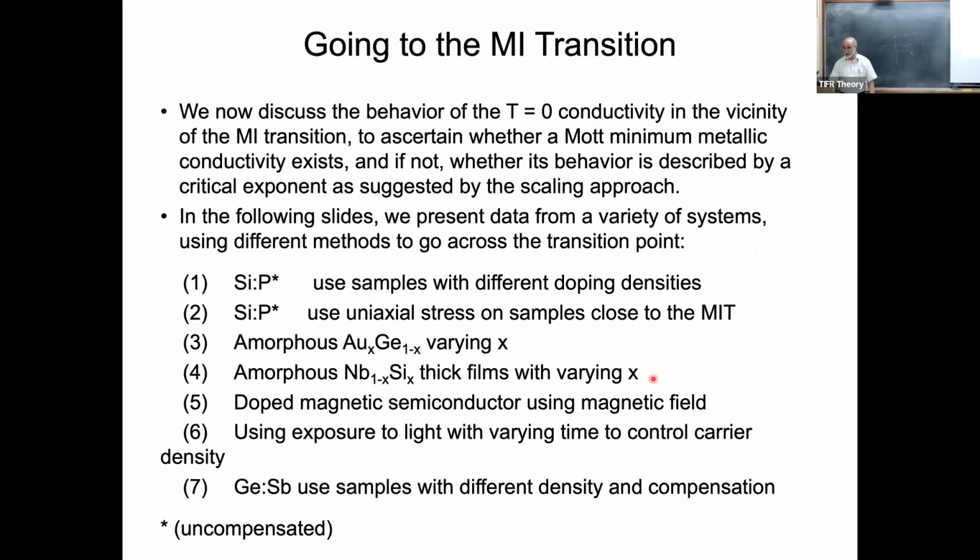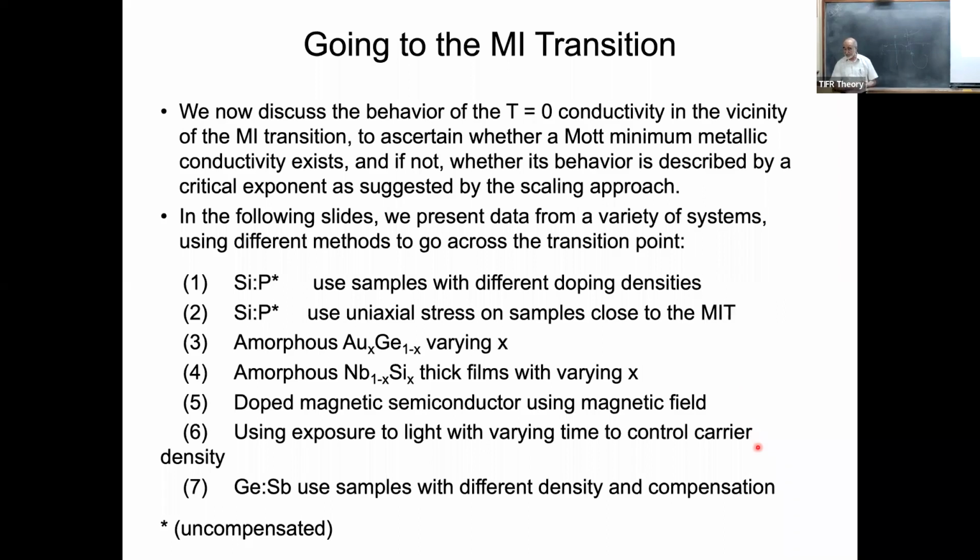Then there was work in niobium silicon amorphous alloys done at Bell Labs by Dynes and Bishop and other researchers. Then IBM got into the business. Steve von Molnar used a magnetic semiconductor, put on a magnetic field, and found he could go through the metal insulator transition using a magnetic field. So there's data from there.